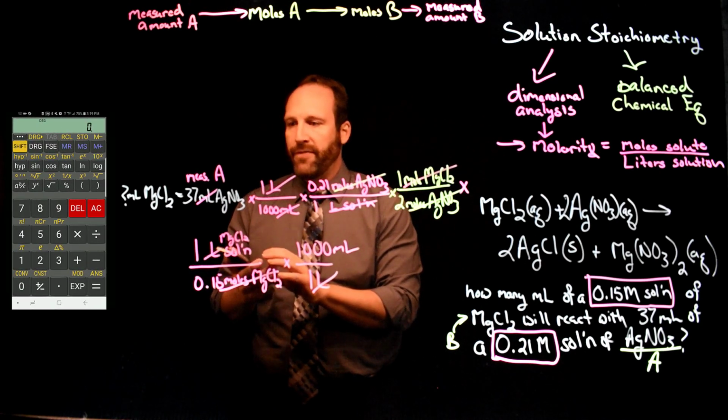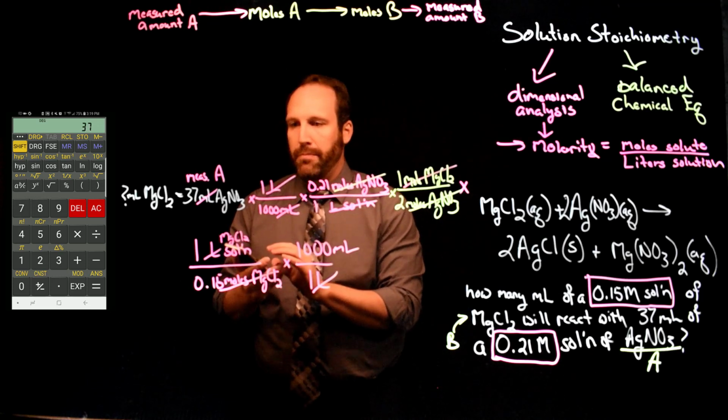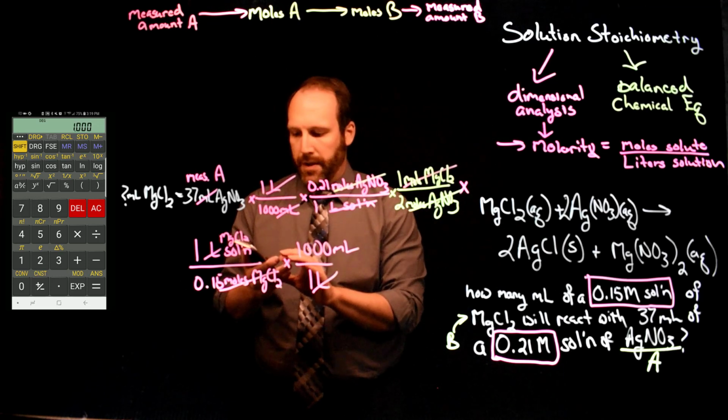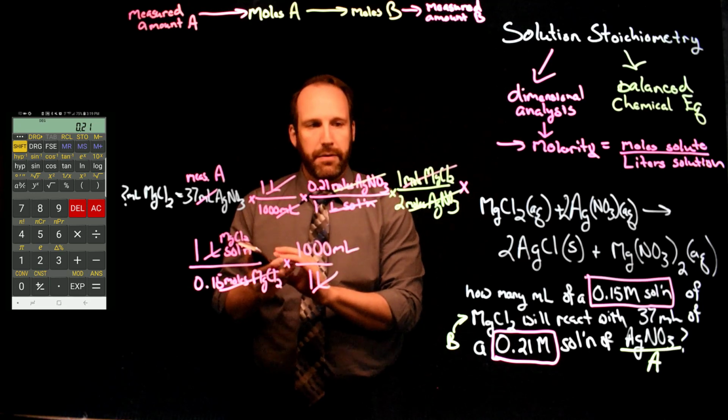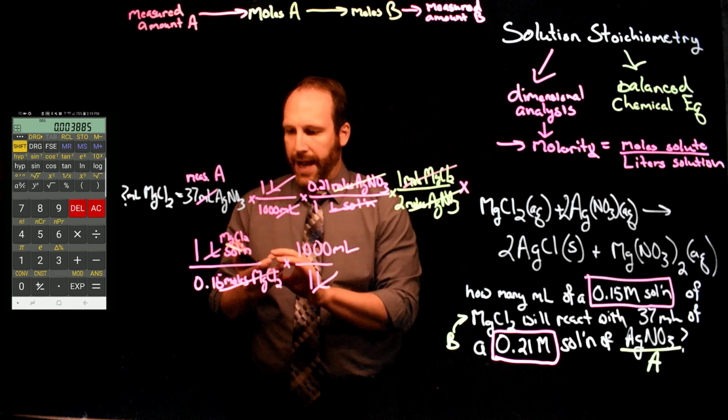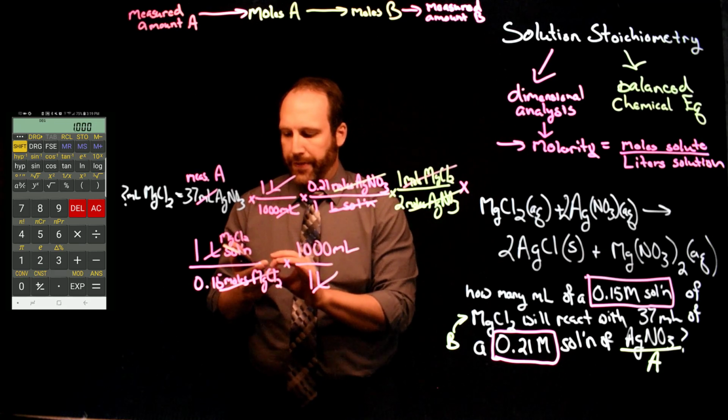So I've got 37 milliliters, divided by 1,000, times 0.21, divided by 2, divided by 0.15, times 1,000.